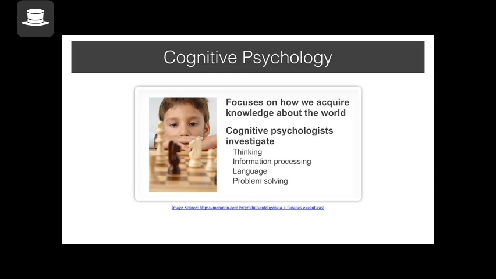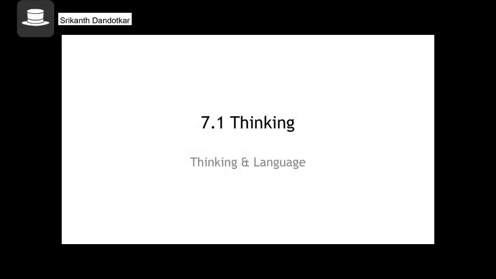So this unit is basically talking about two such mental processes. One is thinking in 7.1, and the other one is how we use language, which would be in 7.2. So let's get started with 7.1, thinking.